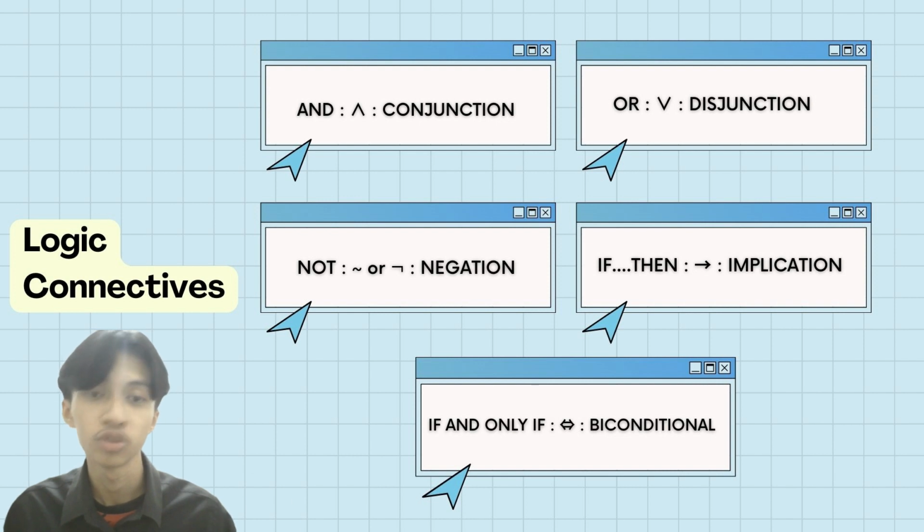This is the symbol, which is an arrow. And the last one is the biconditional. You might see the statement with if and only if, and this is the symbol, which is an arrow with two directions. So let's go to the next thing.